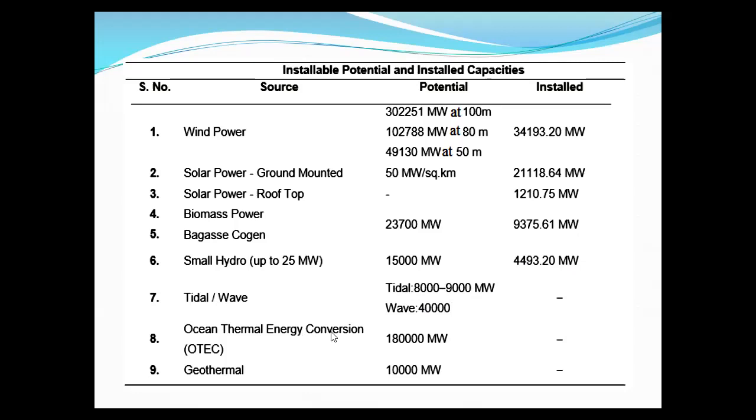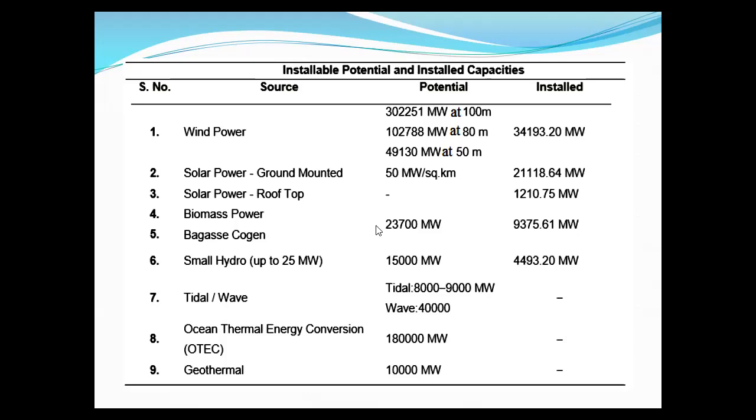Then ocean thermal energy conversion, called OTEC, having potential 1,80,000 megawatt, and geothermal having 10,000 megawatt. So this slide shows the potential of various renewable energy and installed capacity in India.